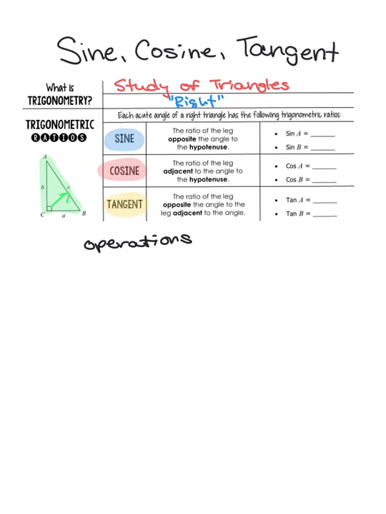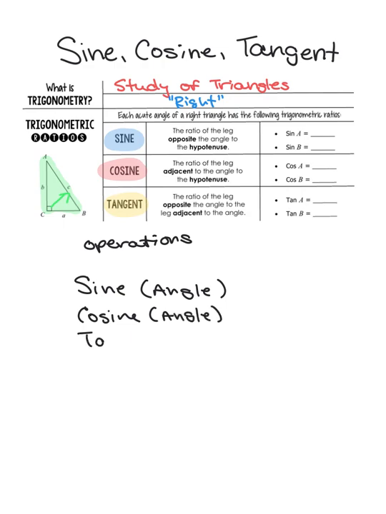So if I'm going to take the sine, I have to take the sine of something, and it's always of an angle. I have to have the sine of an angle, the cosine of an angle, and the tangent of an angle.